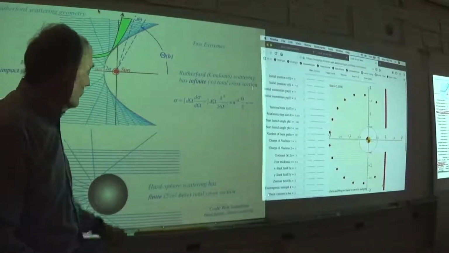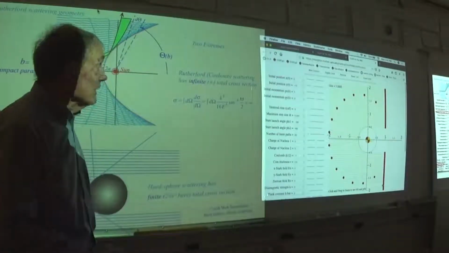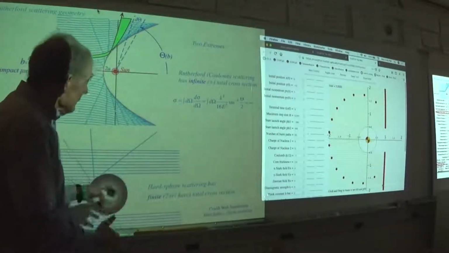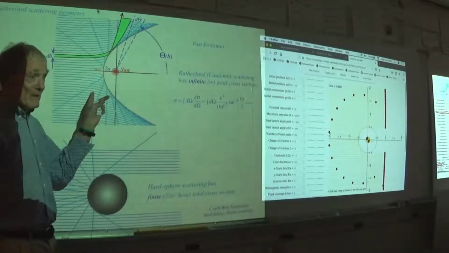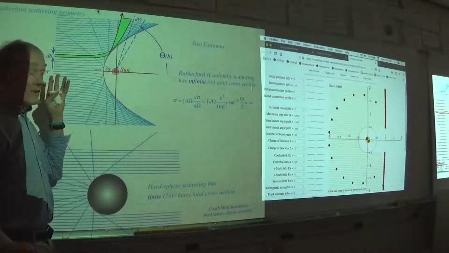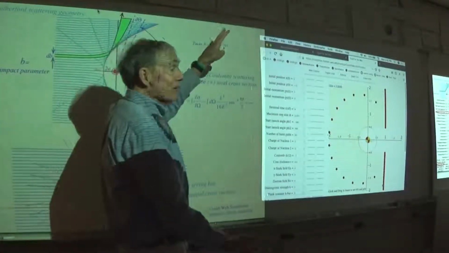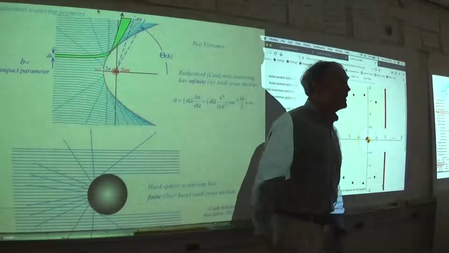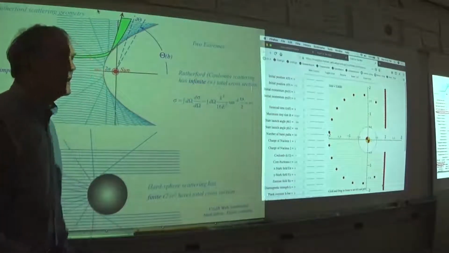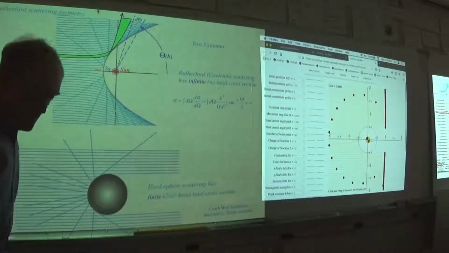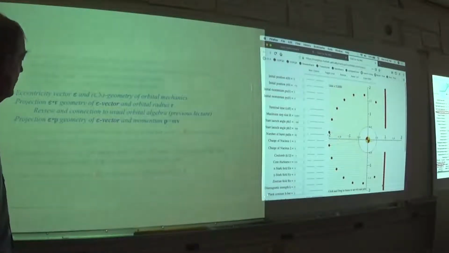So that's what you get for the total cross-section, and that's what you should get. It's just eating that much of the beam. But that's the thing about the Coulomb: it's infinite. This just keeps working, right? And it's the best way to see that I can think of. Okay? All right. Let's see if there's anything else.